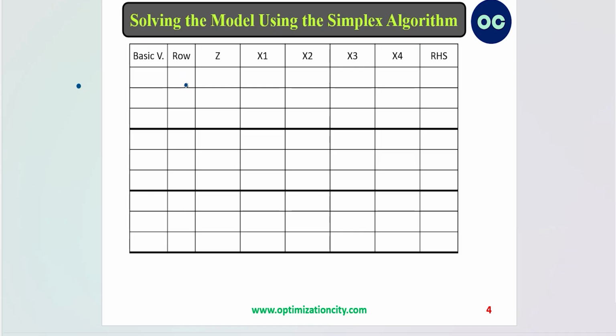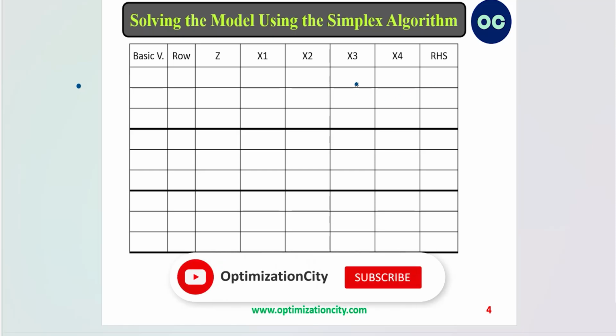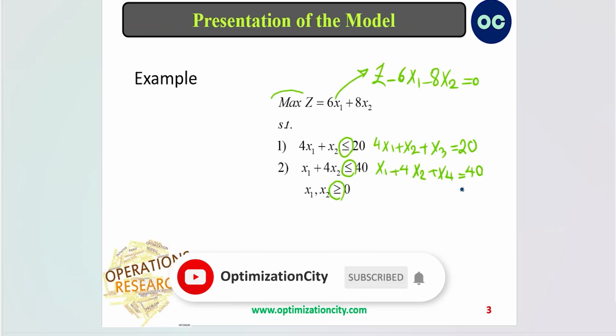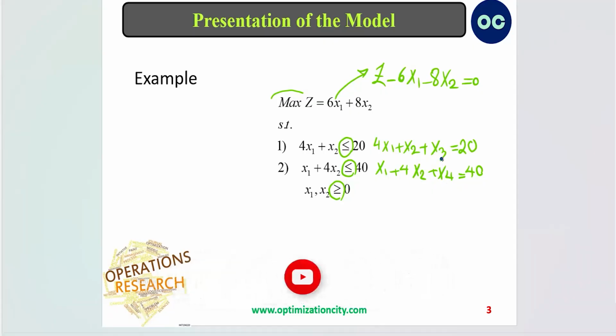The remaining columns hold the coefficients of all the variables in the model. And the last column is the right-hand side of the model. To convert inequalities into equations, as we stated before, we introduce x3 and x4 as slack variables. Now let's fill out the table.